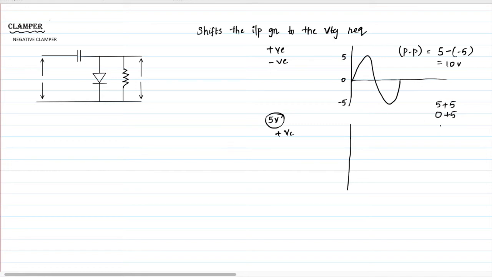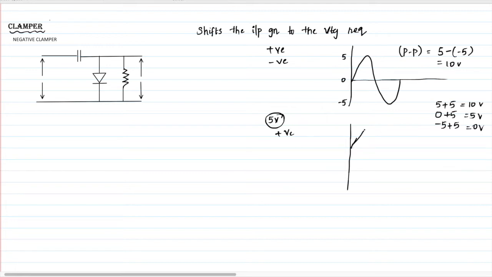The negative peak is minus 5, so add plus 5. Now see what's the voltage value. This is 10, this is 5, and this is 0 volt. So now the DC voltage is 0. We need the DC voltage now at 5 volt. Now the signal is starting at 5 volt. Then 5 volt peak is now the 10 volt.